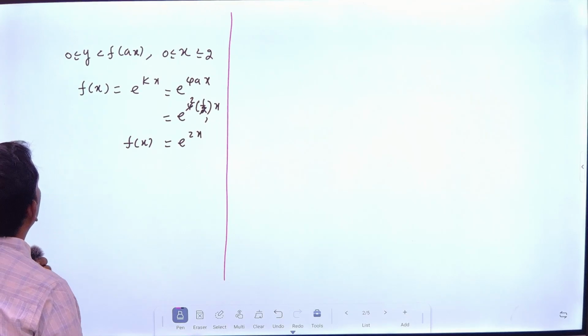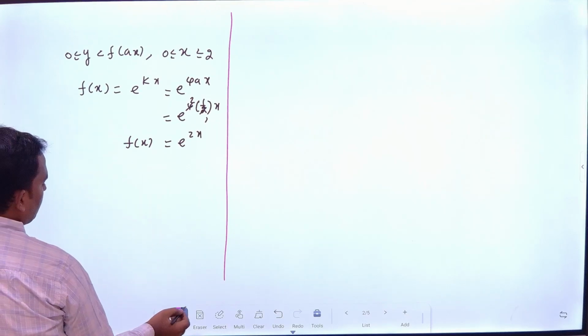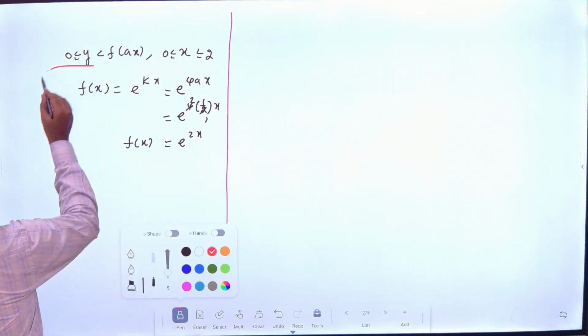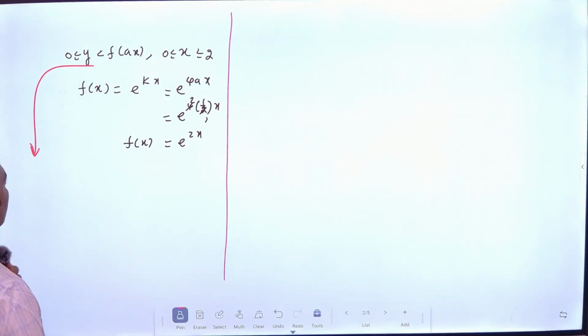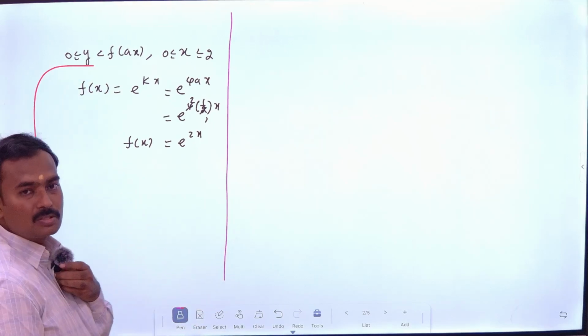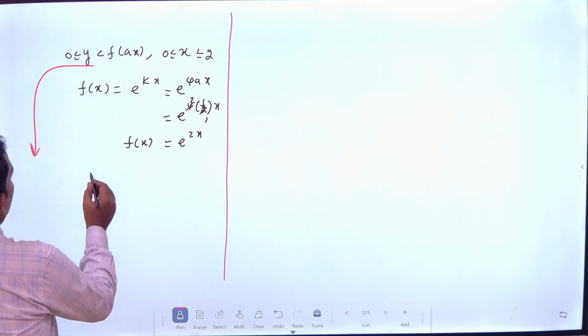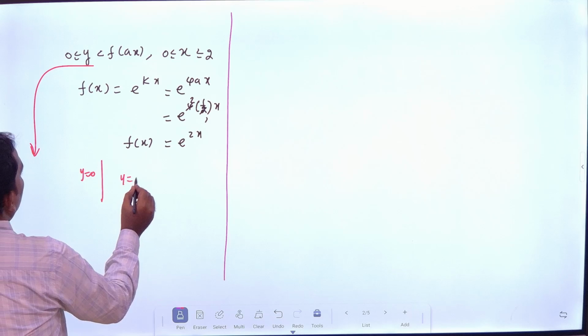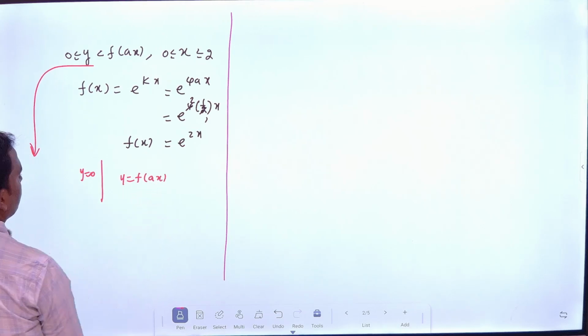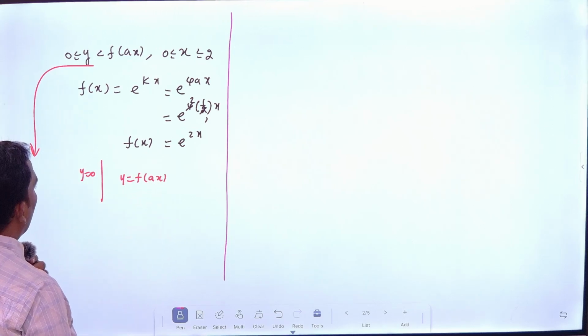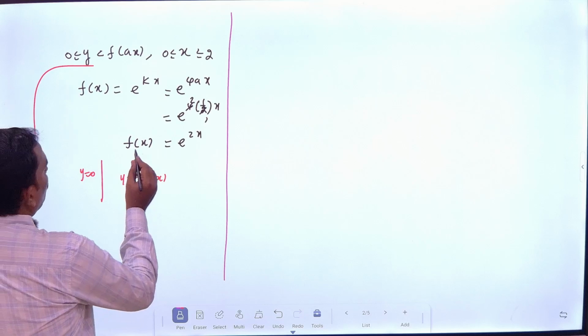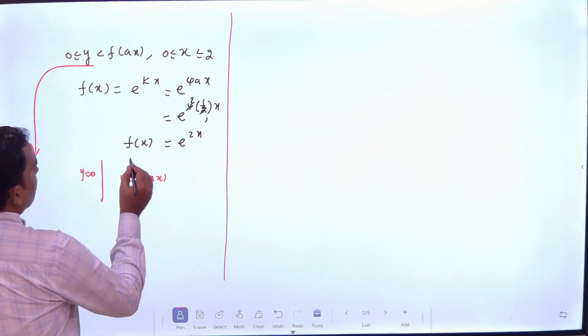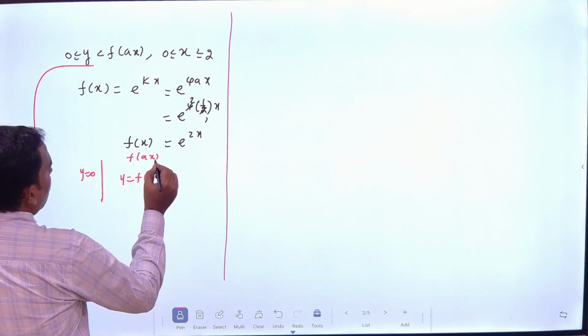Now, what is required from here? If you want to find the area under the curve, what things do you need to understand here? Y is equal to 0 and y is equal to f of ax. But you know that f of x equals e power 2x, then f of ax will be what?